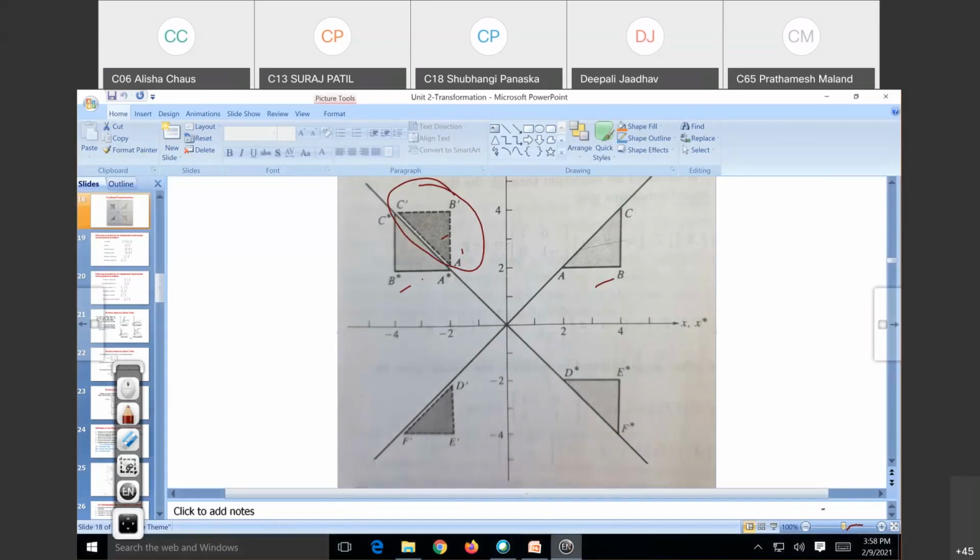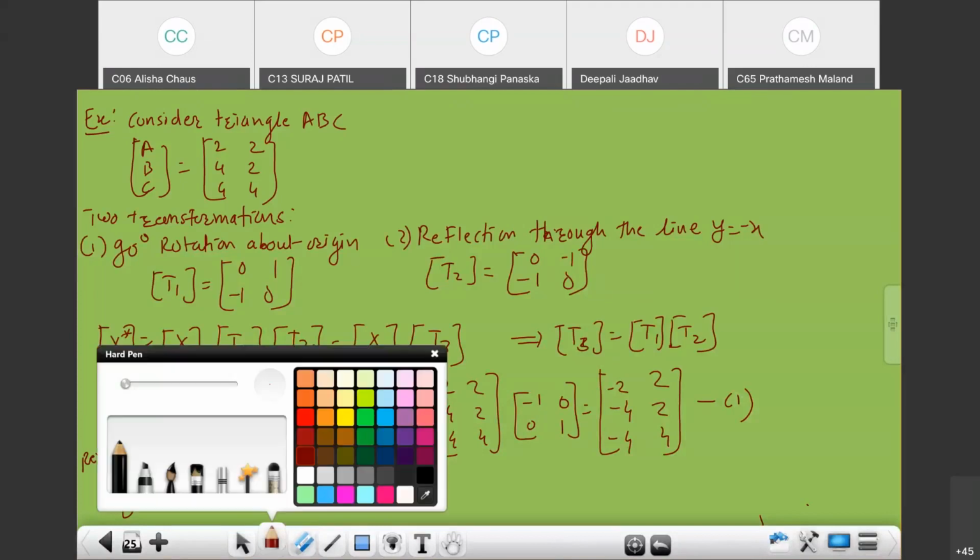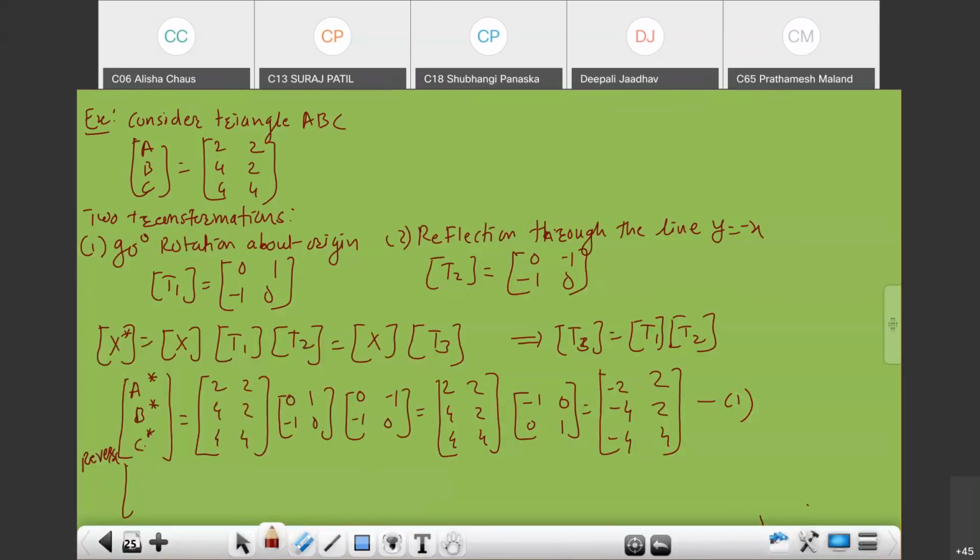Now we do it in the opposite way. First reverse the order of the transformation. Instead of A star, I write another notation for understanding: D star, E star and F star.